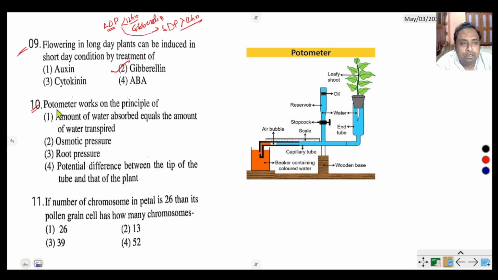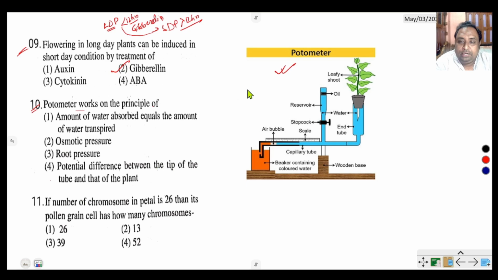Question number 10. Potometer works on the principle of, this is a potometer. Amount of water absorbed equals the amount of water transpired. Osmotic pressure, root pressure, potential difference between the tip of the tube and that of the plant.